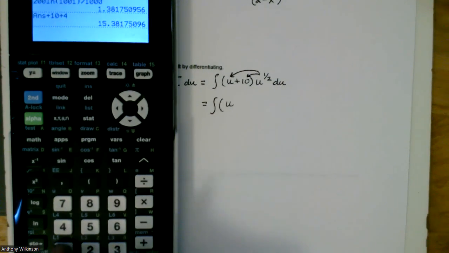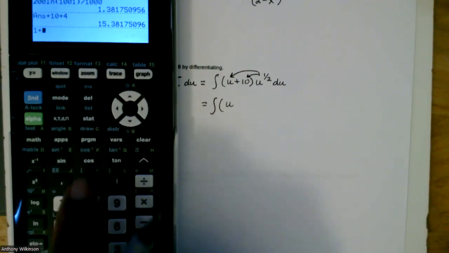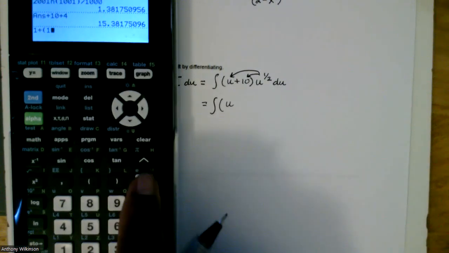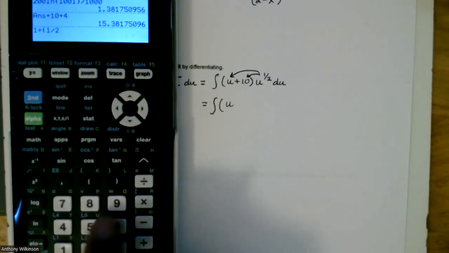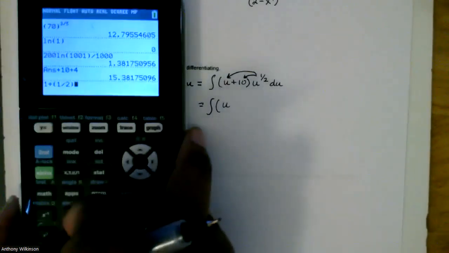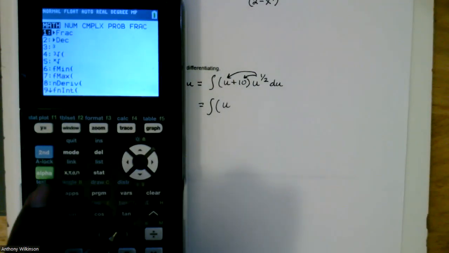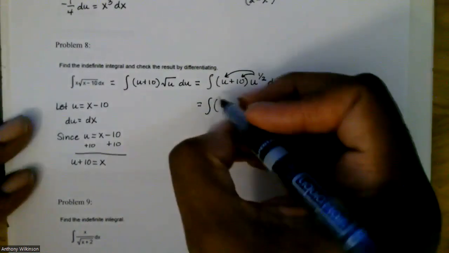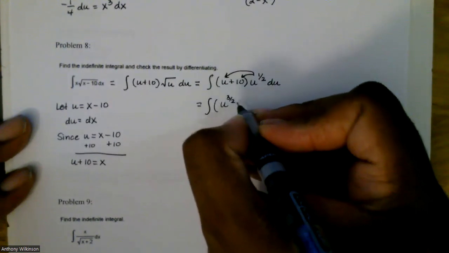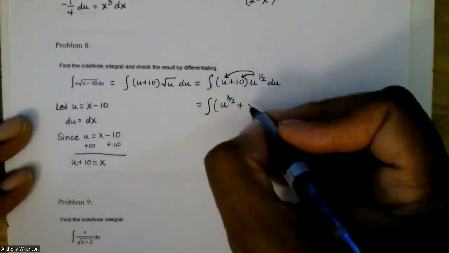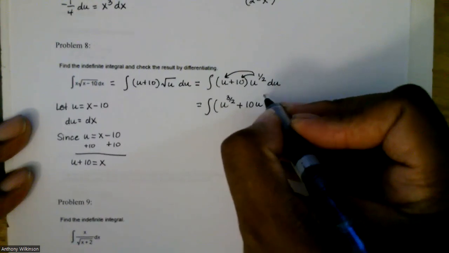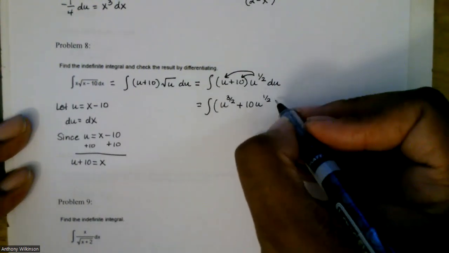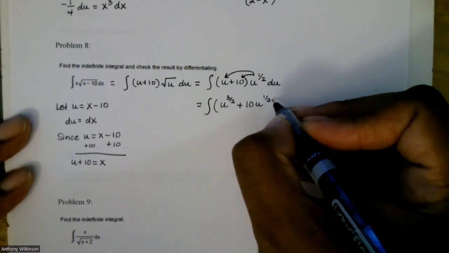So if I add 1 plus 1 divided by 2, it'll be 3/2. So it'll be u to the 3/2 plus u to the 1/2 times 10, which would just be 10 times u to the 1/2 power, times du.